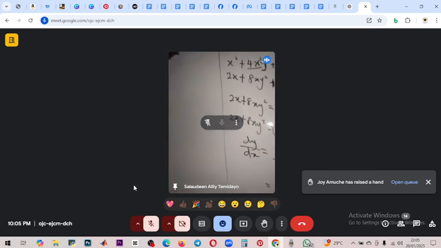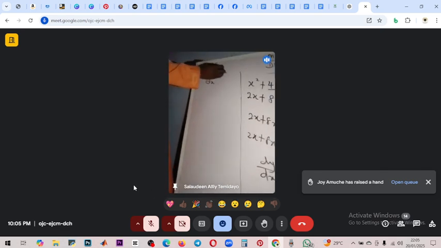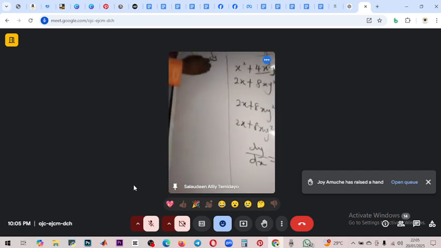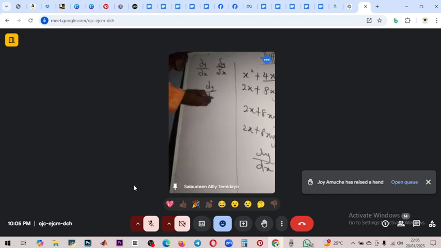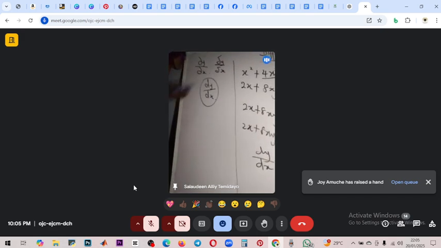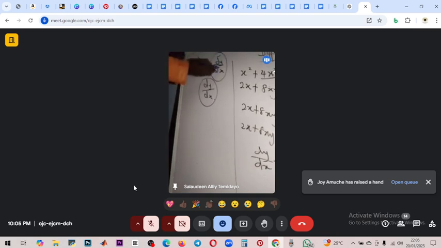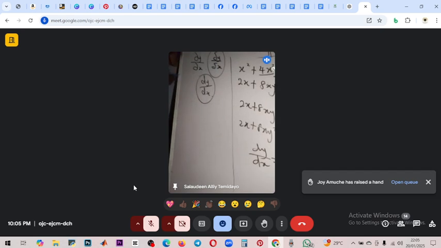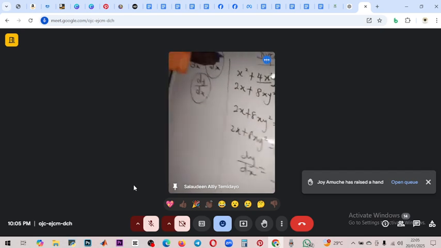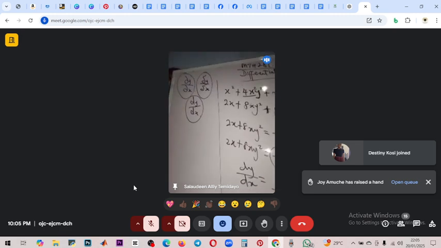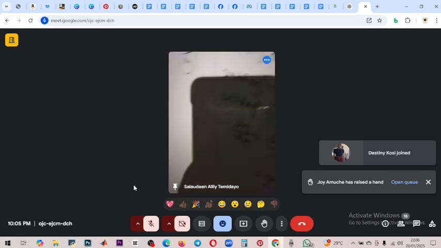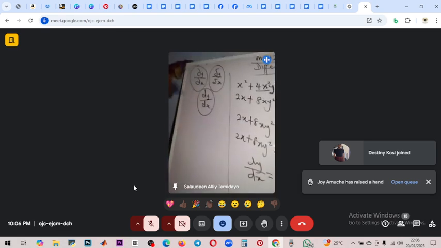So if I wrote this thing, dy/dx, it is different from Δy/Δx, and it is different from ∂y/∂x. This is the normal derivative. This is increment in y over increment in x. We call this infinitesimal derivative, and this is partial derivative.